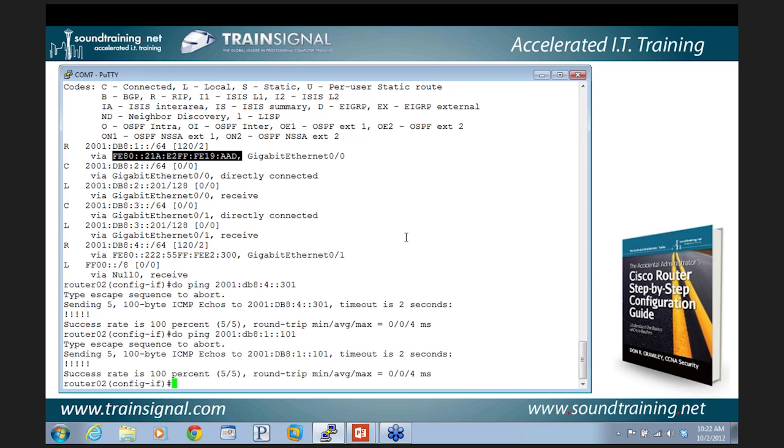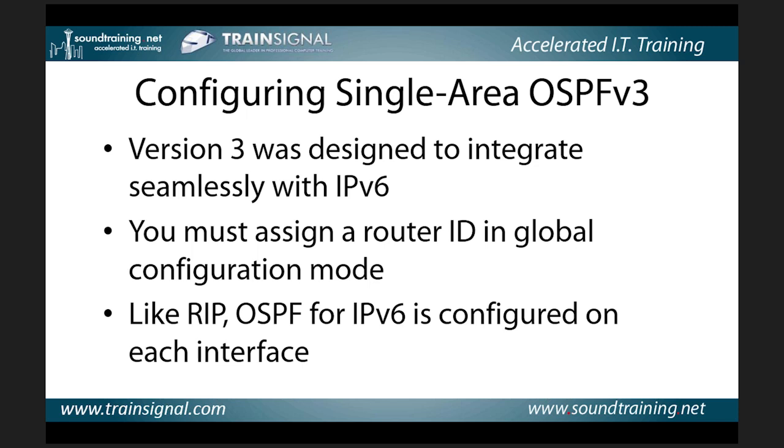Thanks, Tom. All right, let's go in and talk about configuring single area OSPFv3. Now, OSPF version 3 was designed to integrate seamlessly with IPv6, and just as with previous versions of OSPF, there has to be a router ID.